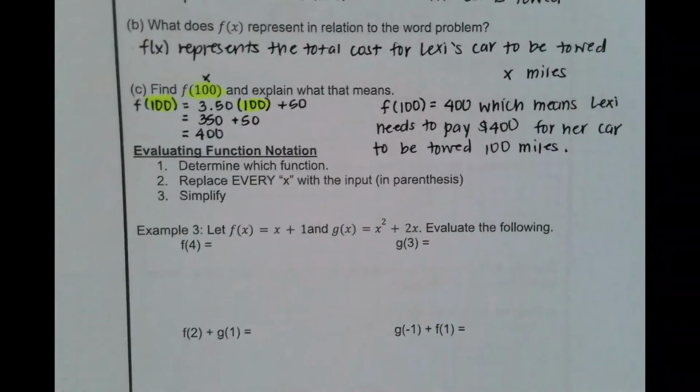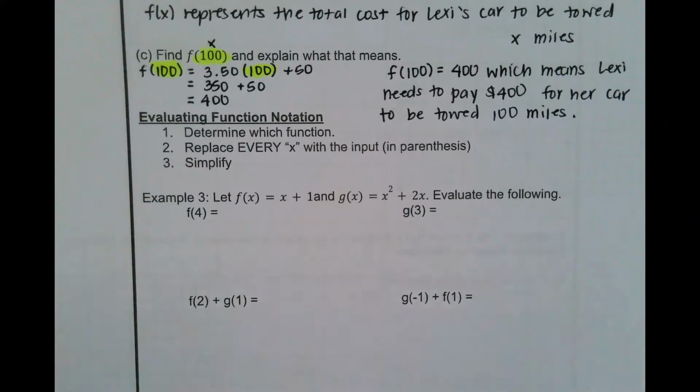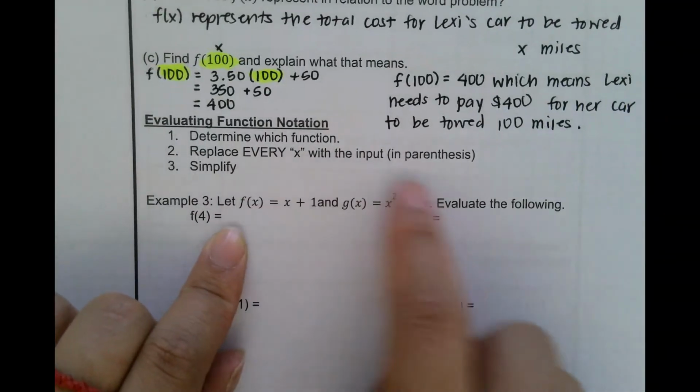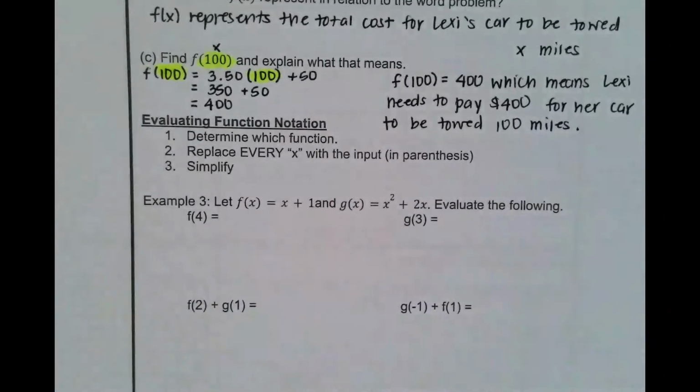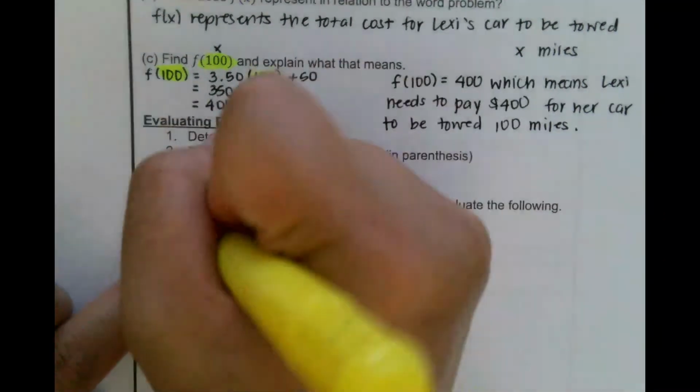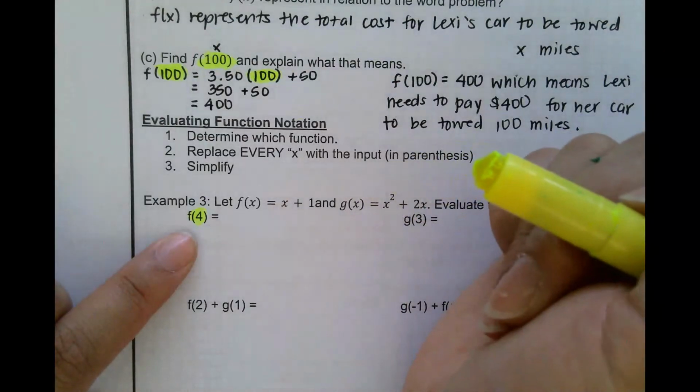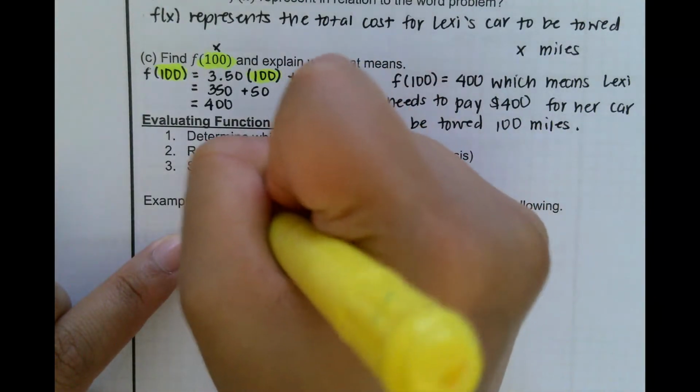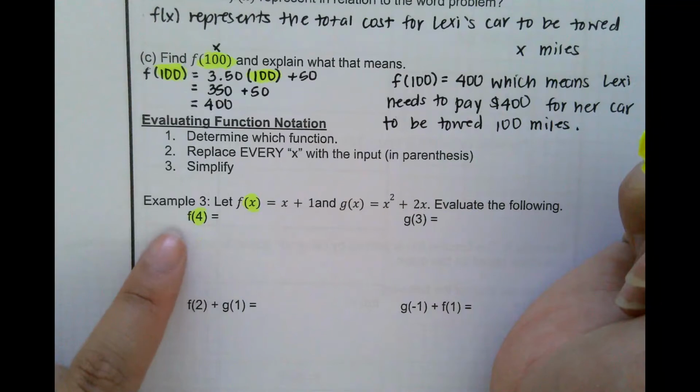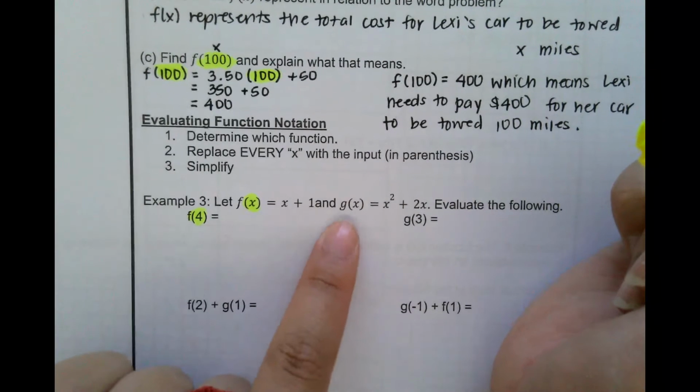Here, evaluating function notation. First, we're going to determine which function we are going to use. We're going to replace each x with the input in parentheses, and then simplify. The first one here is f of 4. That's my x value. I'm using this function because it's f, not this one, which is called g.